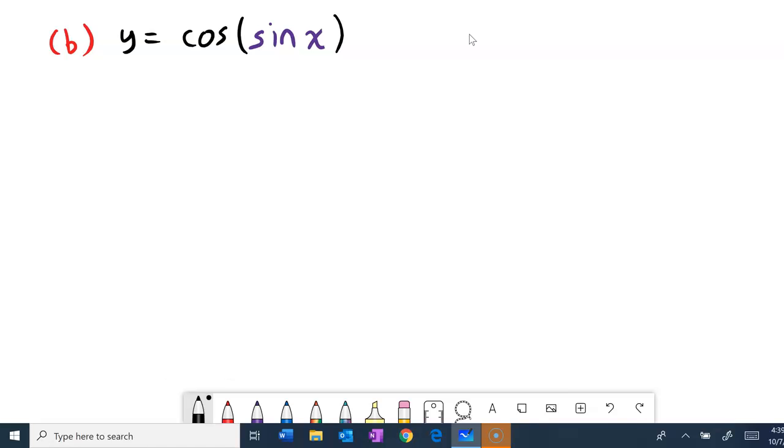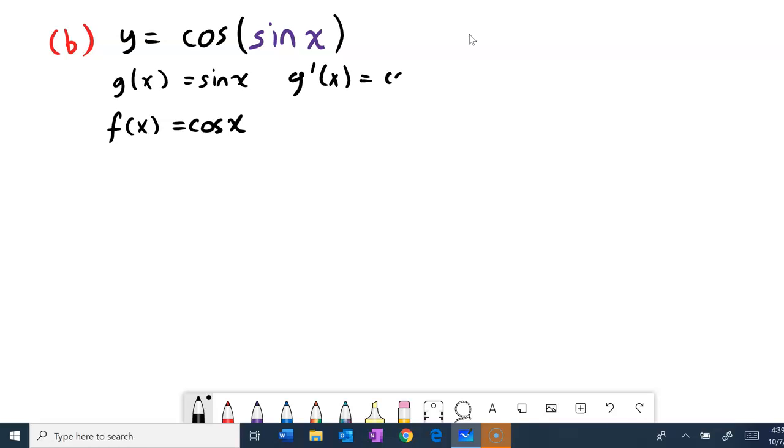So the inside would be sine, so this is our g of x. And our outside is our f of x, which is cosine. You can find the derivatives pretty easily. G prime of x is equal to cosine, and f prime of x is equal to negative sine. So now we just combine them into the formula for the chain rule.